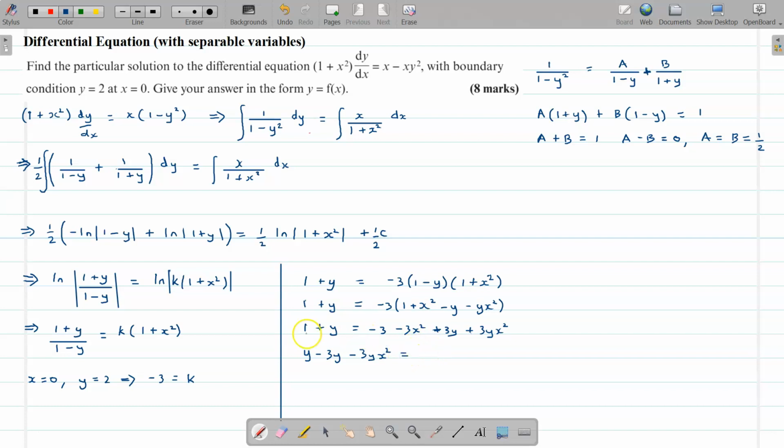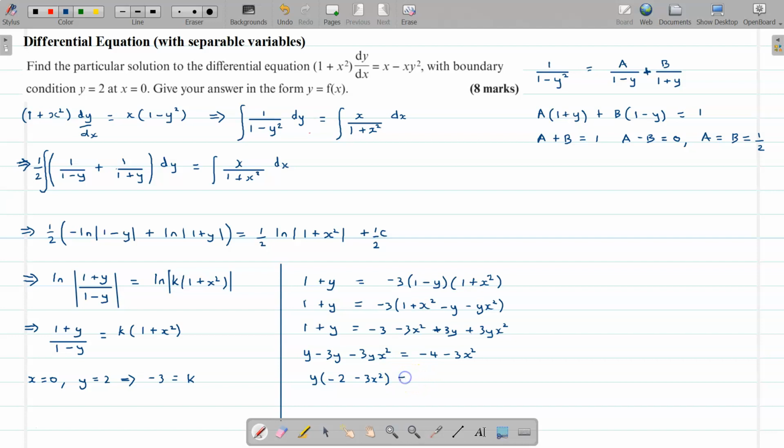Then I've got my 1 to bring over, so it's now minus 4. I've got my minus 3x squared there, and the other two terms were both y terms which moved. So I've now got all my y terms on the left, 3 of them. If I just factorize out the y, well, I've got y minus 3y, that's minus 2y minus 3yx squared. So it's y brackets minus 2 minus 3x squared on the left.